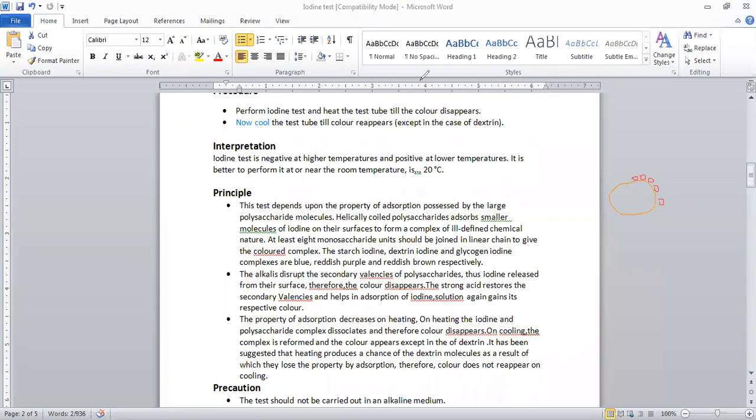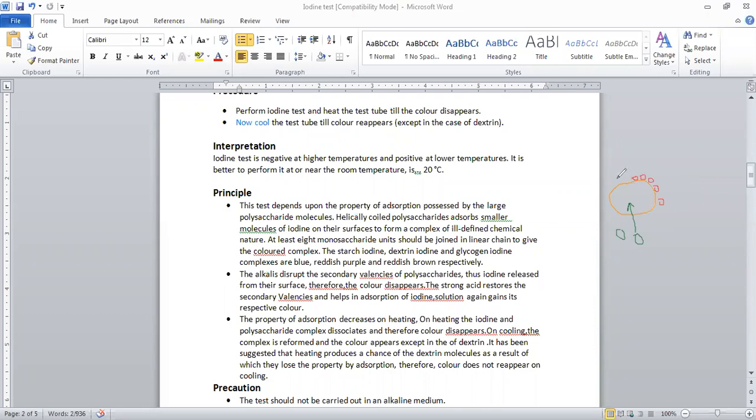Now if the particles remain on the surface of any body, it will be adsorption. If we have some particles moving into the cavity, it will be called absorption.